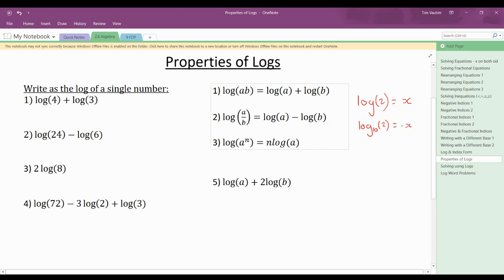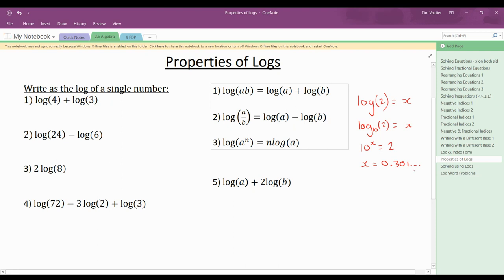And so if we think back to moving between log and index form, changing to index form, we would have 10 to the power of x equals 2. And in terms of what we actually get, when I type in log 2, I end up with something like 0.301, etc. It fills out the screen of my calculator.